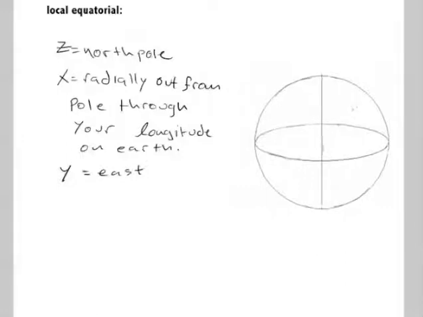So suppose you are here, and this is the center of the Earth, just for reference. Then the z-axis is the North Pole. So it determines your height above the equator.